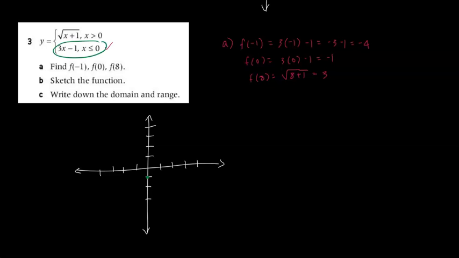Start at negative 1, 1, 2, 3. But we're going to the negative side. We're going to less than 0. So 1, 2, 3, left 1. There it is. I don't need that little dot there.